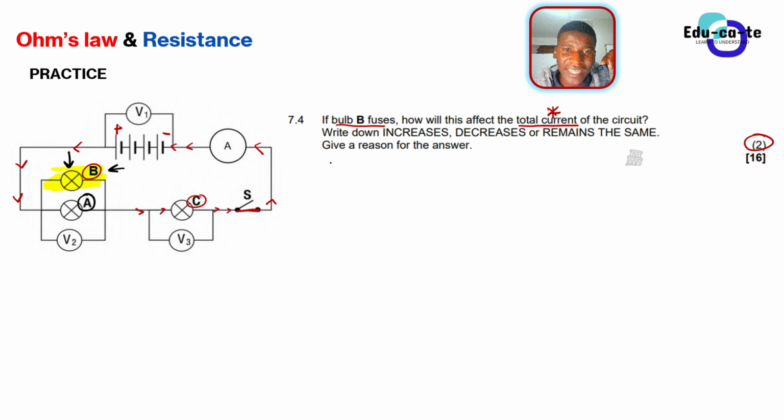So what will happen to the resistance? The resistance of this will increase. Why is the resistance increasing? Guys, please listen to me very carefully, Grade 10s, 11s, and 12s. This is your only opportunity to hear this the right way.